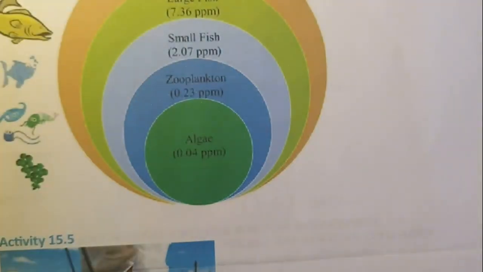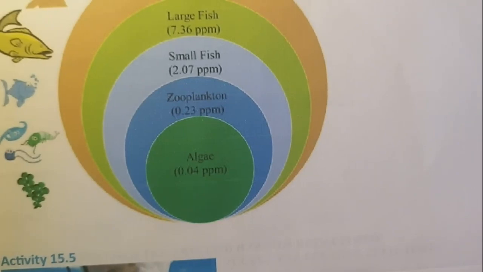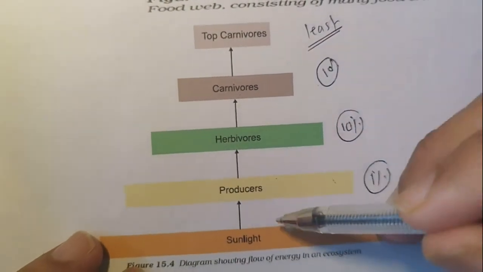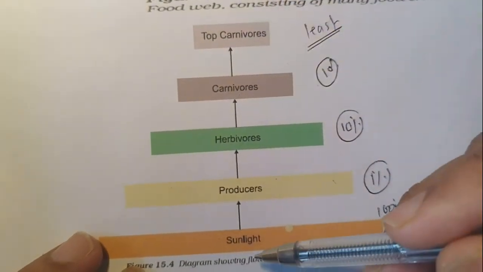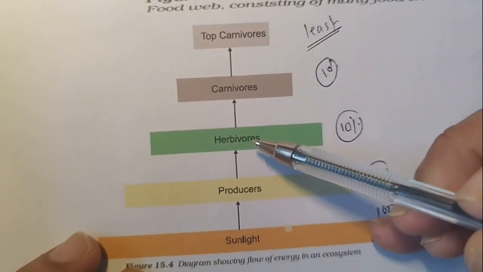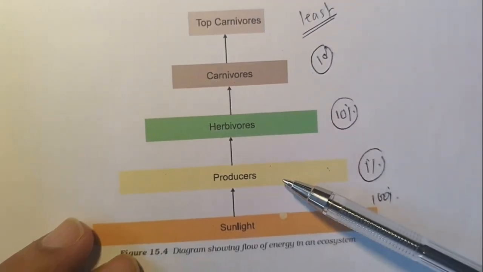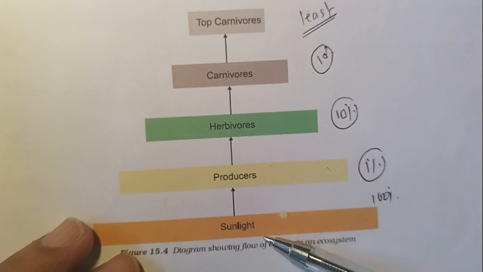Now from the energy flow diagram, there are two things that we can derive. Firstly, the flow of energy is unidirectional. It's only in one direction. There is no reverse direction. The energy captured by the autotrophs does not revert back to the sun.